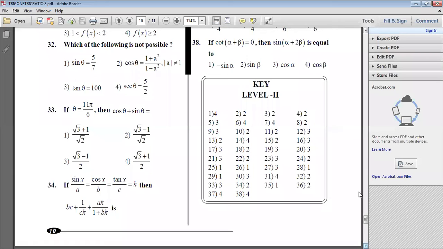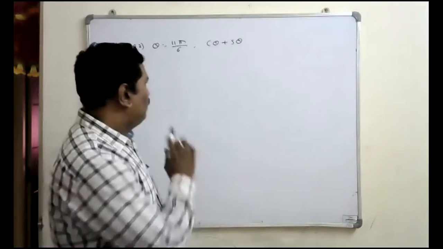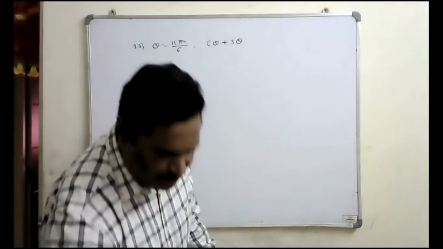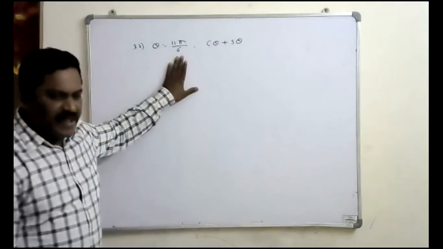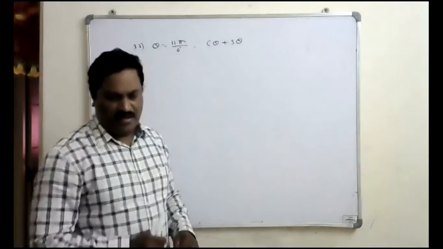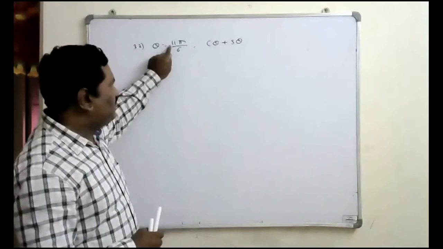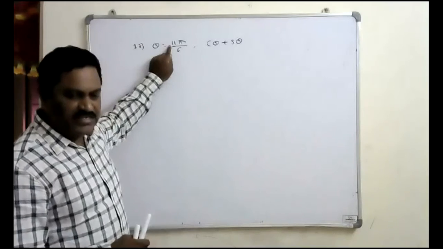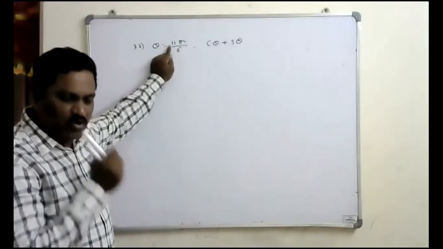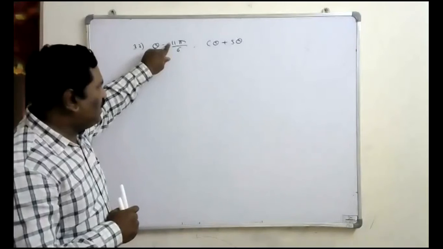To find this, whenever a bigger angle is given, we have to express that angle in terms of its nearest quadrant angle. If the angle is given in radians, how can you express it in terms of the quadrant angle? There is 11.